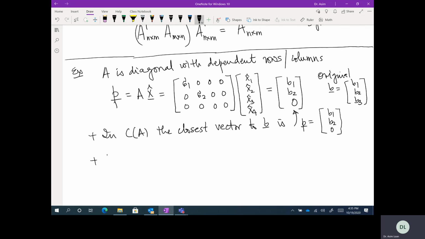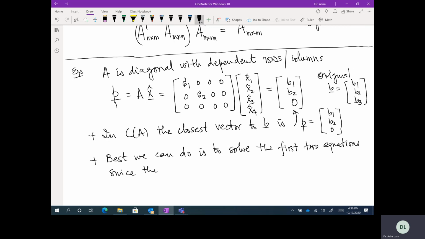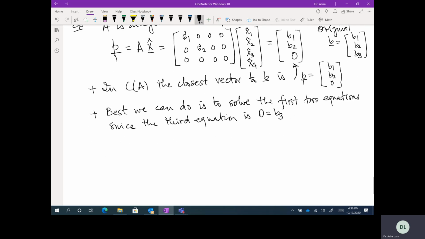So the best we can do is to solve the first two equations, since the third equation is 0 equals b3, right?